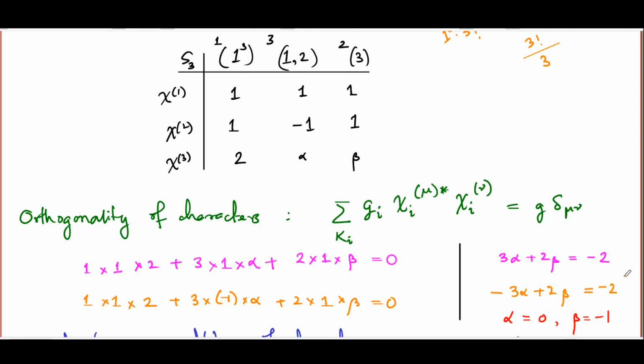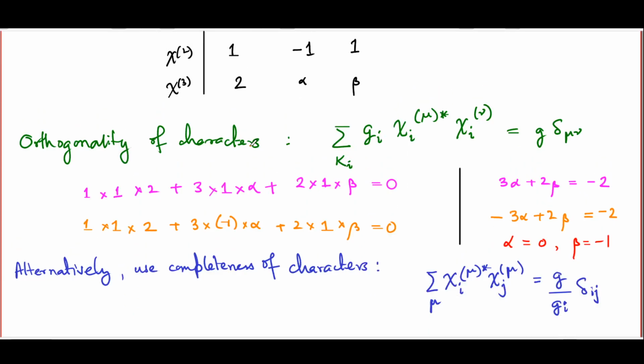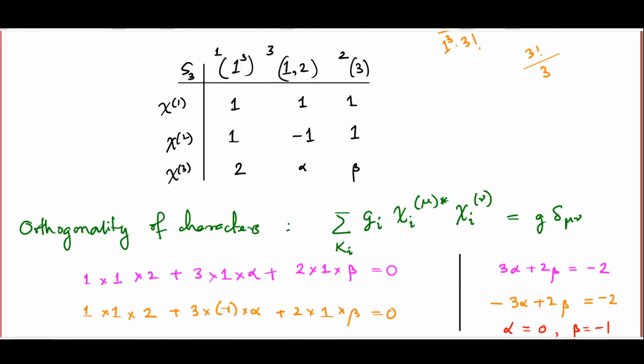And these two equations can be solved rather trivially to give you alpha equals 0 and beta equals -1. So you can just complete the table here by replacing alpha by 0 and beta by -1. This gives us a complete character table for S3.